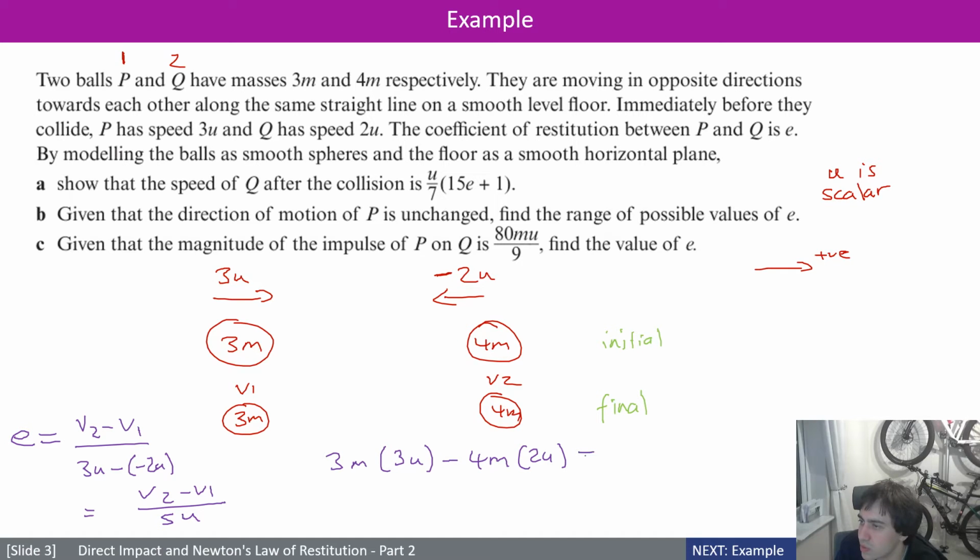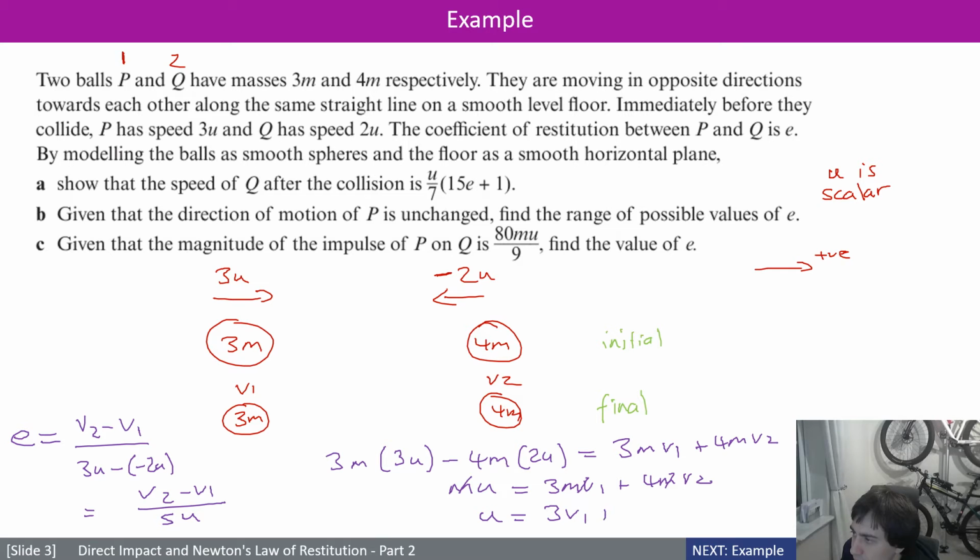That's equal to 3m v1 plus 4m v2. So that gives us 9mu minus 8mu, it's actually just mu, equals this. Notice that the m conveniently cancels. So we have u equals 3v1 plus 4v2.